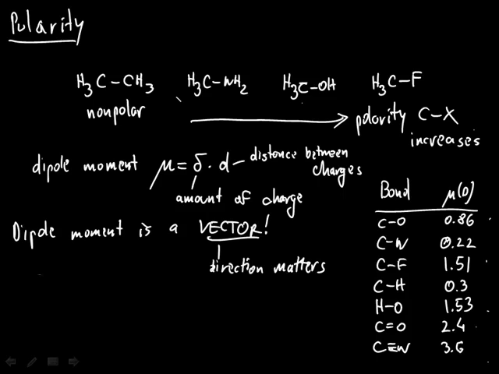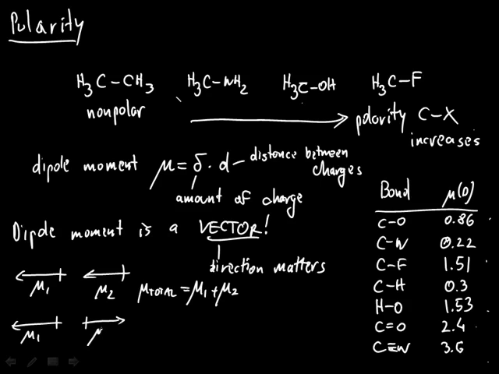For example, if we had two dipole moments, mu1 and mu2, oriented in the same direction, the total dipole moment would equal mu1 plus mu2. But if those two dipole moments were oriented in opposite directions, then the total dipole moment would equal mu1 minus mu2, and if they're exactly equal, this could be 0. In other words, these dipole moments would cancel each other out.